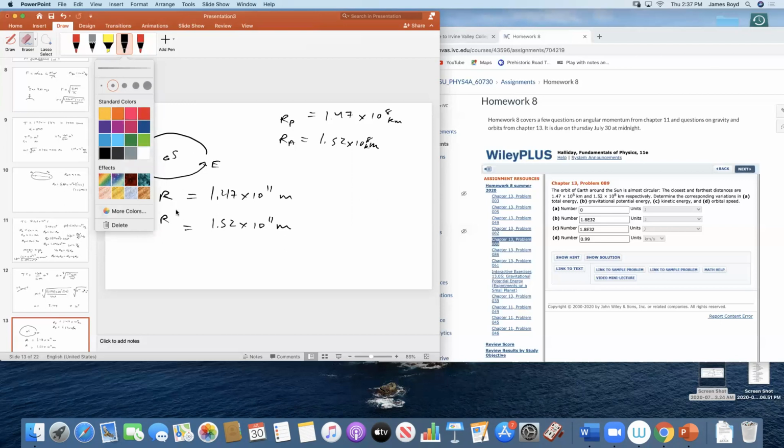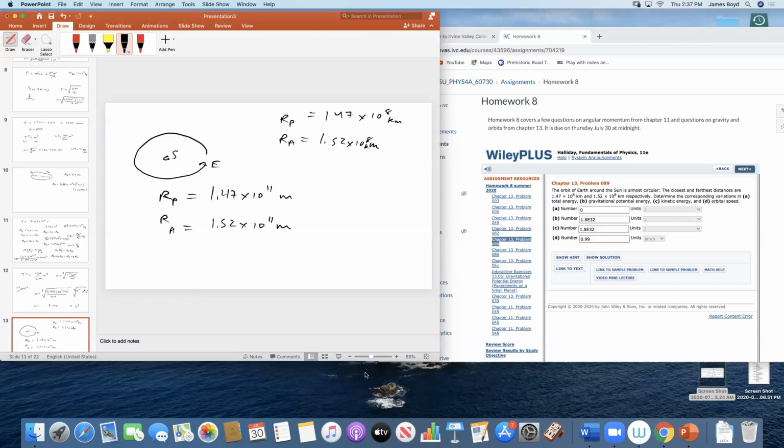Perihelion is always the close one. Aphelion is always the farthest away. And you can see here that the Earth is almost circular, right? What they're going to ask us is to find the variation in the total energy, the potential energy, the kinetic energy, and the orbital speed when it's at perihelion and when it's at aphelion.